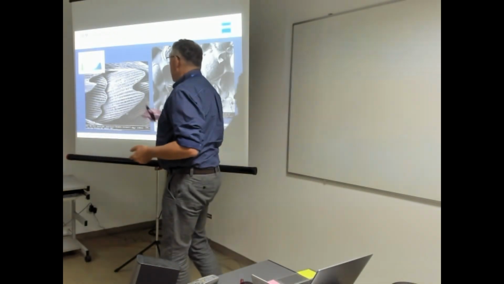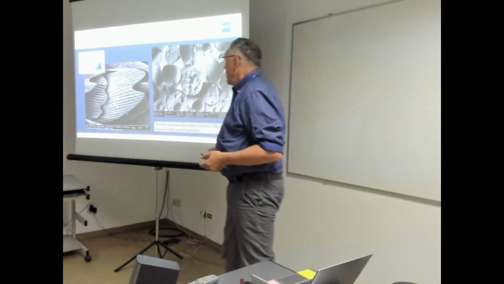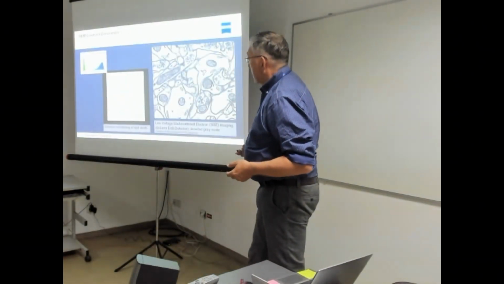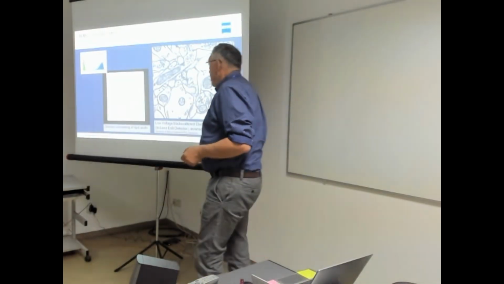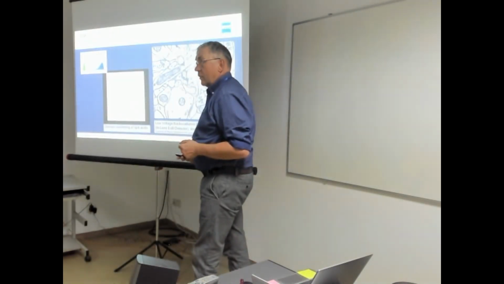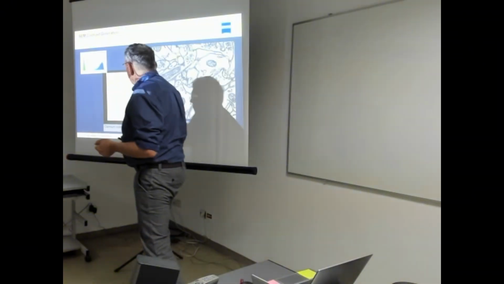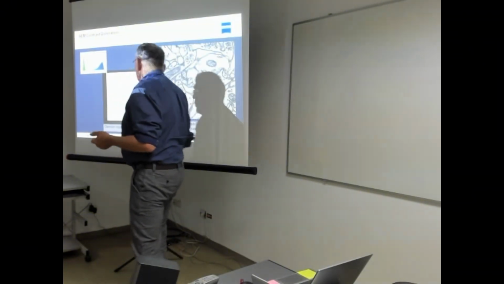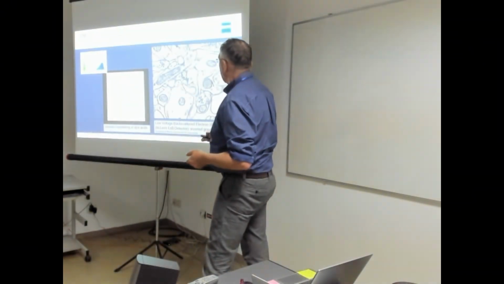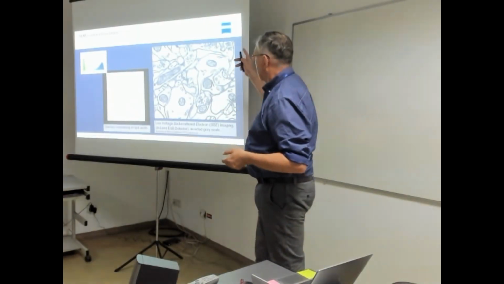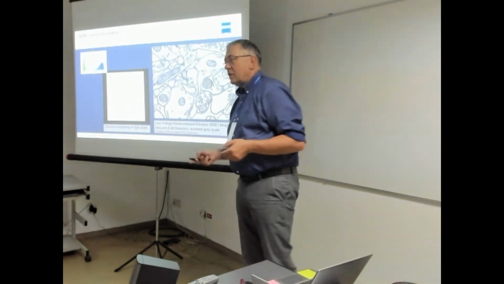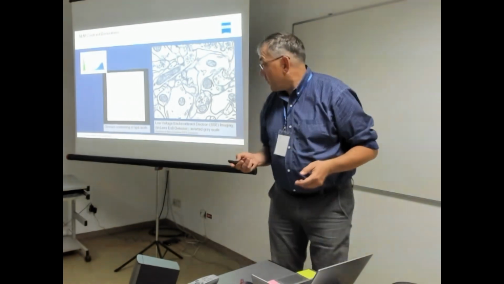Secondary electrons are used to show surface structures, and backscatter electrons are used to make labeled membranes visible, where you usually put osmium on, and then we can see mitochondria and vesicles and endoplasmic reticulum and all these kind of structures.